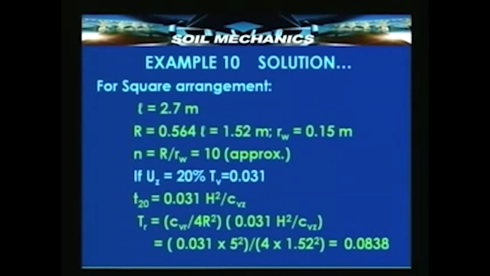That gives us the time taken for 20% consolidation as some value, and the corresponding time factor as 0.0838. Now, what am I trying to do? I know that the vertical consolidation without sand drains is 20%.